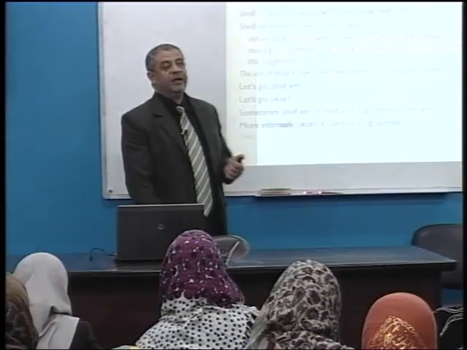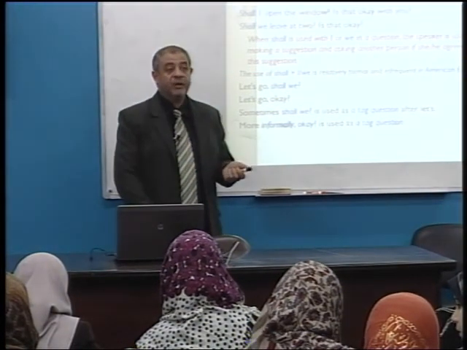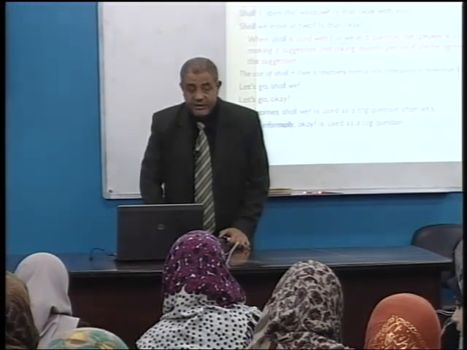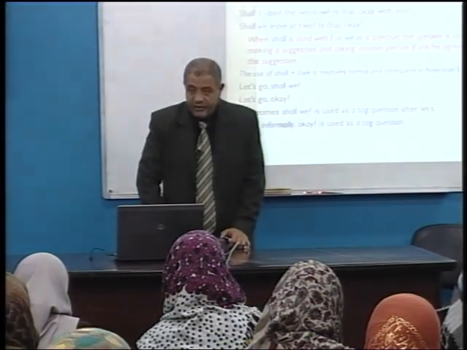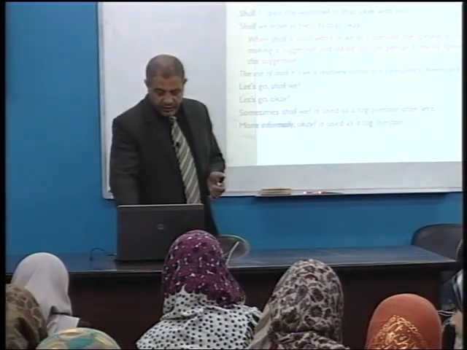When used in tag questions, we say, let's go, shall we, or let's go, okay. The difference between shall we and okay is that the first one is more formal.